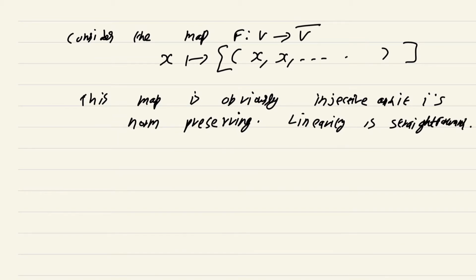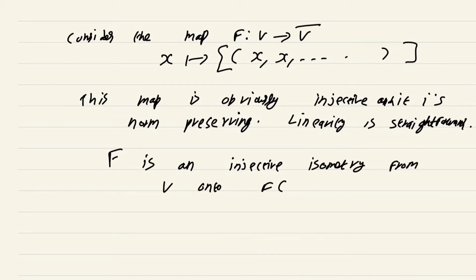So what this shows is that this map F is an injective isometry from V onto F of V. So V is sitting inside V closure as an isometrically embedded copy.